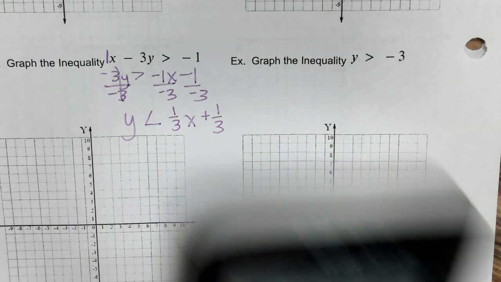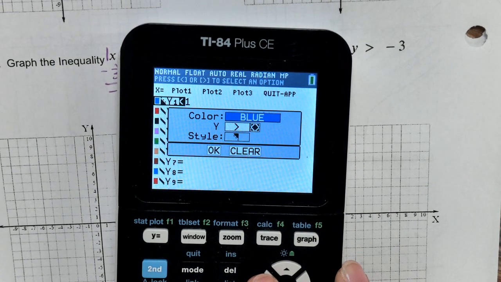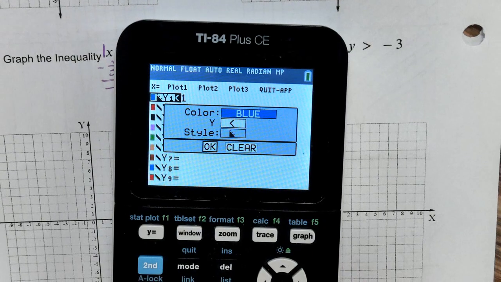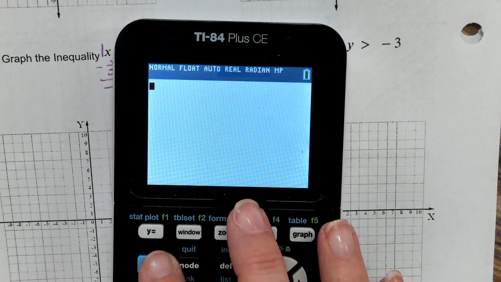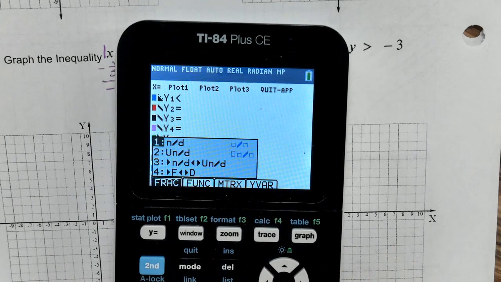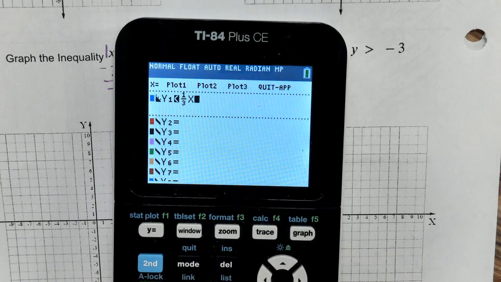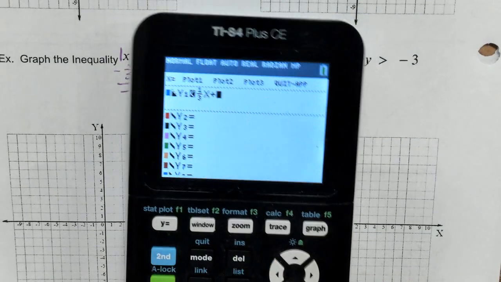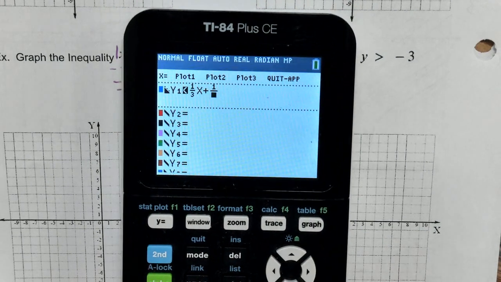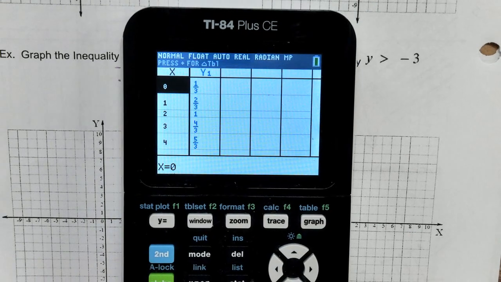So I need, what is it, less than? Here we go. And I am going to put in 1/3 x plus 1/3. I'm going to go to my table to get the points to plot.